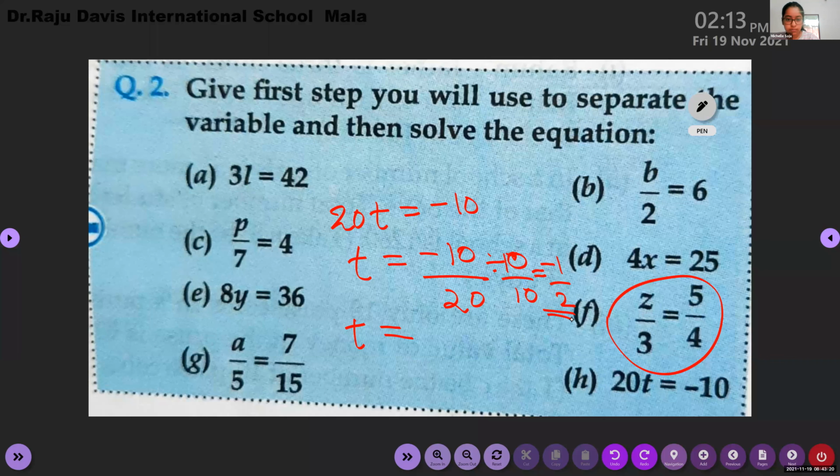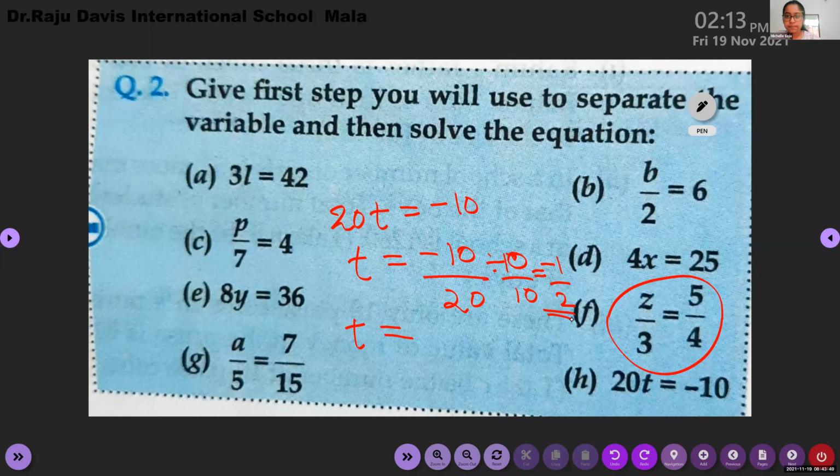These are the basic things which you have to understand before doing the equations. You should know what to do when addition comes, subtraction comes, multiplication comes, division comes. When you transpose, if a number is added on the left side, it becomes subtracted on the right side. If it is multiplied on the left side, it becomes divided on the other side.